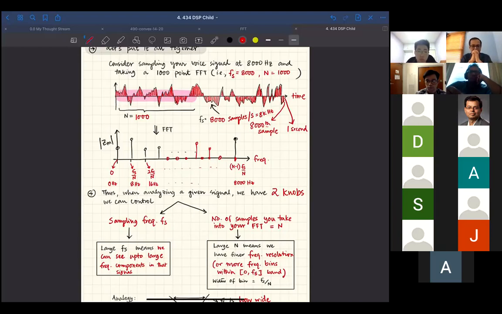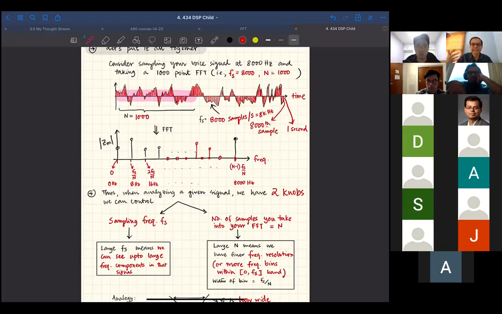Okay, so what if N was equal to 1 here? Would that mean we're just looking at one frequency? Yes, all the frequencies from 0 to Fs will get averaged into one value. So it's like you're going to look at the White House, but in 1 pixel.